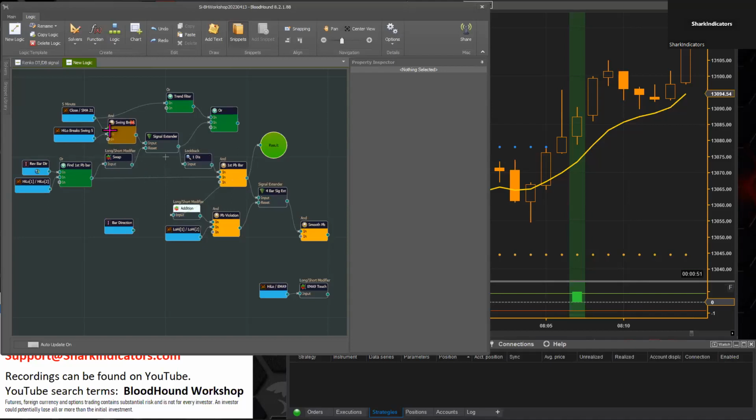You build along, you see something, and you go, okay, I need to take a step back and reevaluate or adjust the system to compensate for what the market can throw at you. So it's a constantly evolving system that you're building.